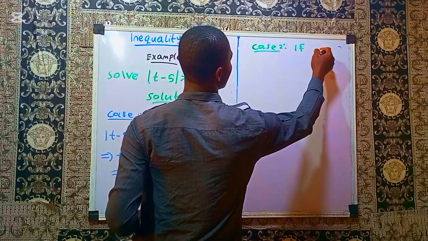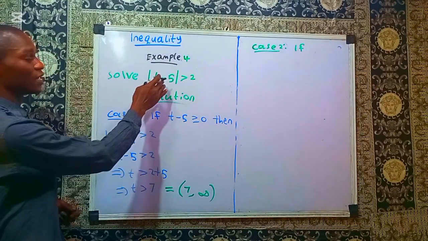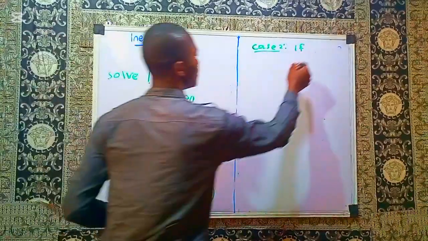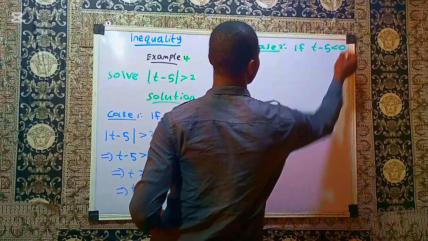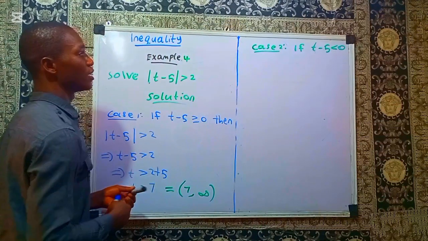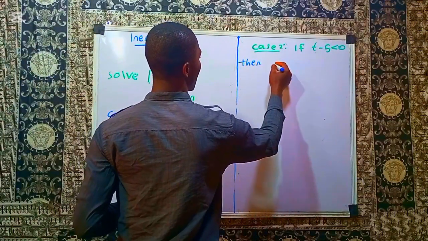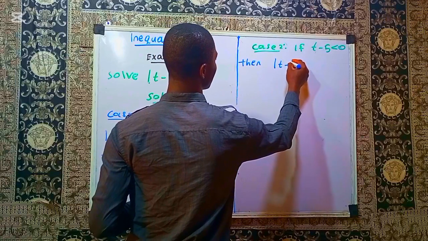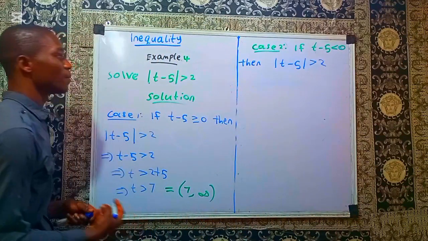If what you have inside the absolute value, t minus 5, is a negative quantity, if it is less than 0, then the absolute value of t minus 5 greater than 2, right? That's what we have.